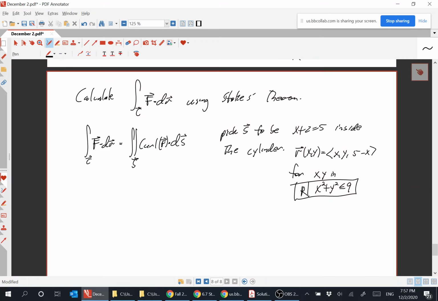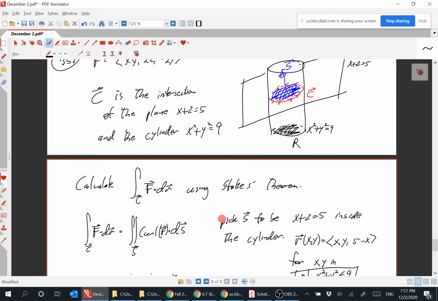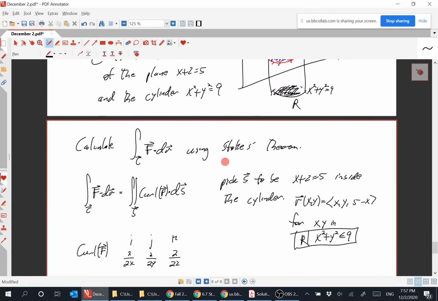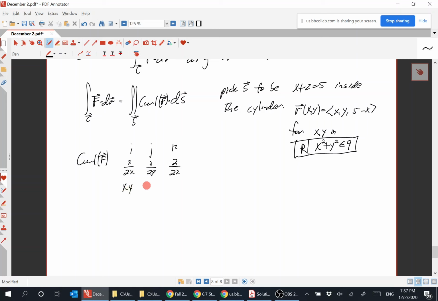All right, so you calculate the curl. i, j, k, partial with respect to x, with respect to y, with respect to z. And what was it? xy, 2z minus 2y.